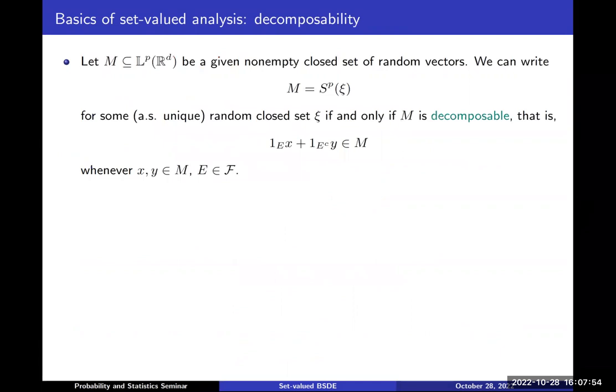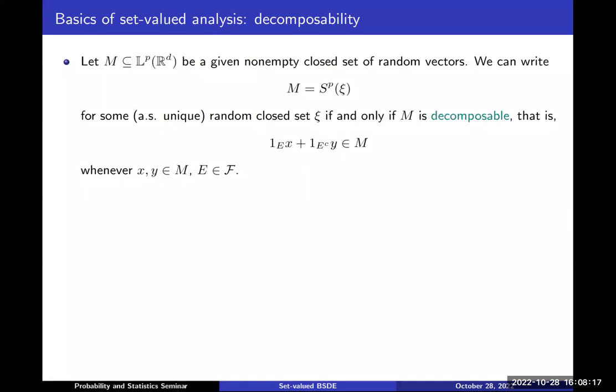So we always, in set valued analysis, are interested in making transitions between random sets and the set of random variables, set of random vectors. Here is the main tool to make this transition. So you start with a random set.